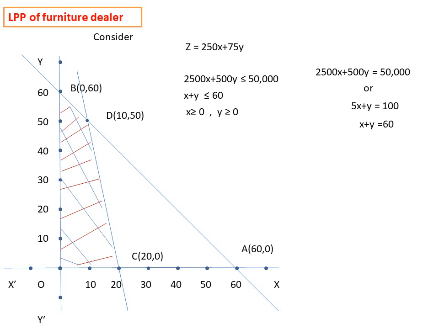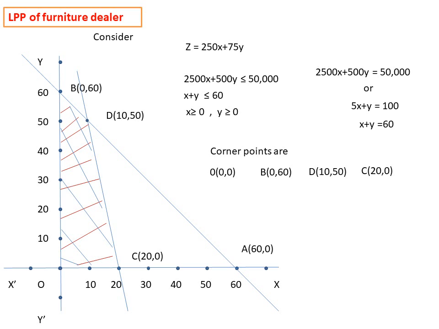So first you draw the graph of the first linear equation, graph of the second linear equation. Then you know how to find the inequality graph. So shaded region is the feasible region. Now you can see here in the graph, corner points are: one is 0 0, B is 0 60, D is 10 50, and C is 20 0.